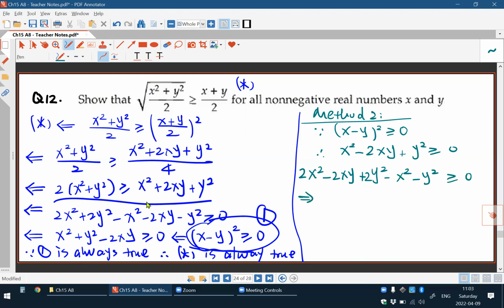Therefore, basically it follows the reverse order of this. So 2 times x squared plus y squared is greater than or equal to, not 0 here, this should be x plus y squared, right? And this will give you x squared plus y squared.